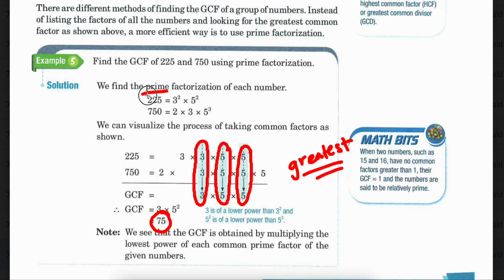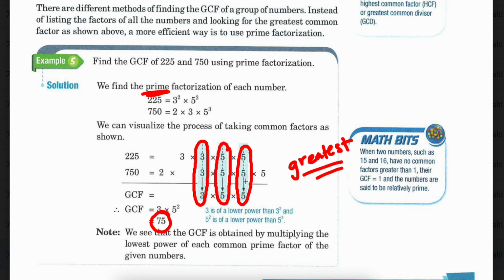That's only if you've prime factorized them. If you listed them like the example before, then you just need to pick the one that's the greatest and common between the two. If you use prime factorization, then you're going to see which prime numbers they have in common and how often, then multiply them together.